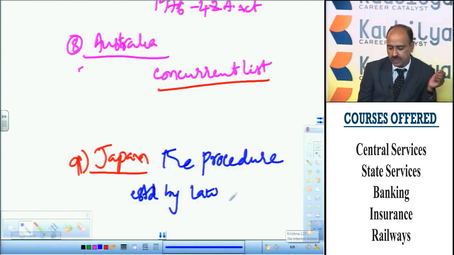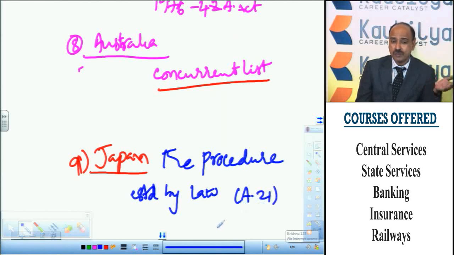It is mentioned in Article 21 of our Constitution. No person shall be deprived of life or personal liberty except according to the procedure established by law, mentioned in Article 21. That concept we borrowed from Japan.